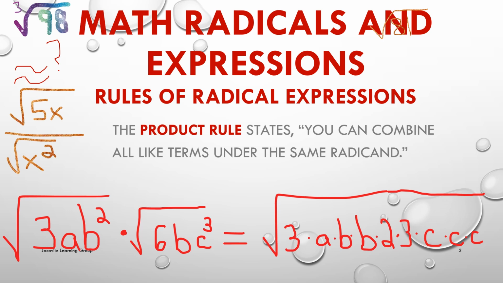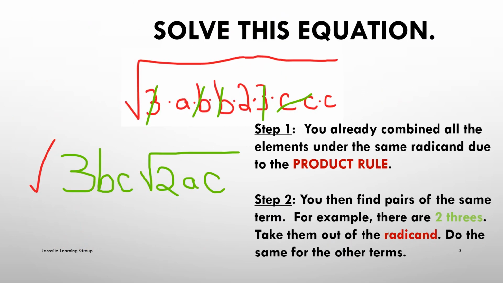Same thing, 5x over x squared, and then you have this equation here. When you look at things like this and solve this equation, anything that can be multiplied by itself, like this 3 and this 3, can be pulled outside of the radical sign. Do you see another a? No. So this a has to stay there. These two b's cancel out, so they come out of the radical sign.